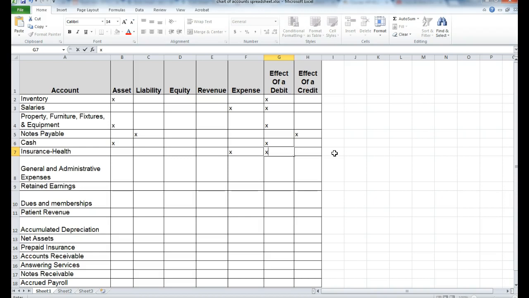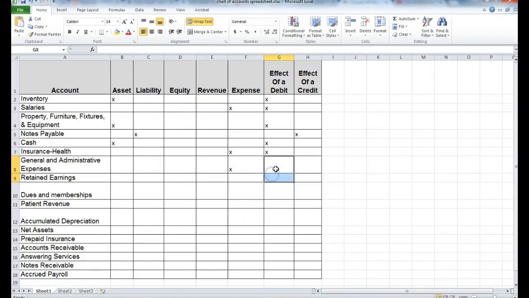So equity would decrease on the left-hand side. So expenses decrease equity, and so you debit them. G&A, general and administrative, is an expense, right? You see here expense, so whenever you see expense in the title, you can rest assured it's probably an expense.